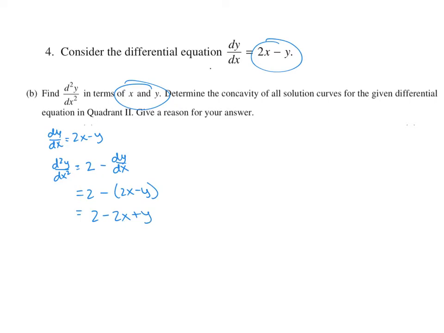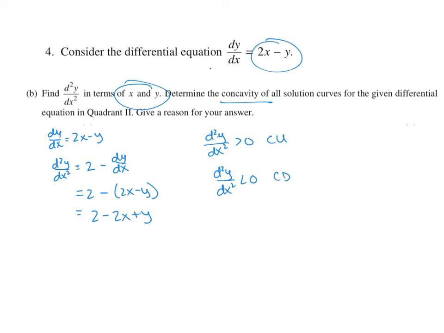And they want us to talk about the concavity. So for concavity, we're looking at the second derivative. Anytime it's positive, we know that it's concave up, and anytime the second derivative is negative, we know it's concave down.